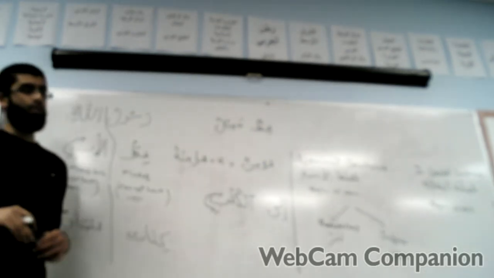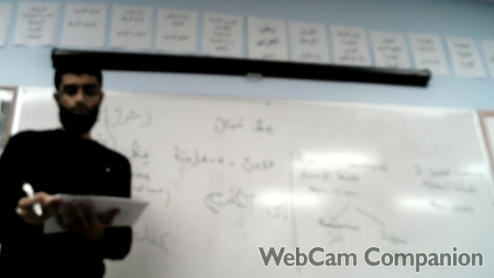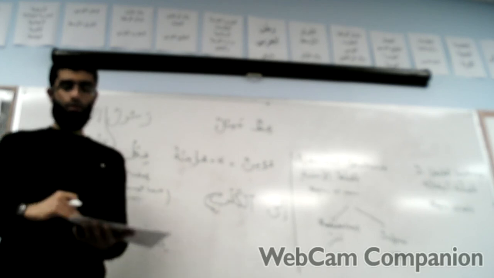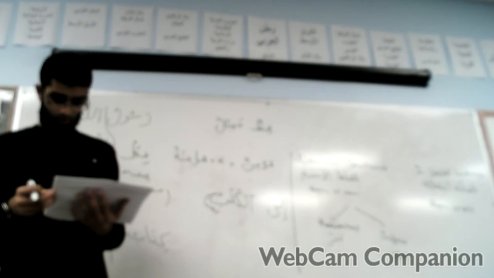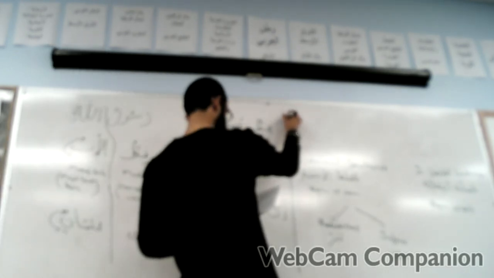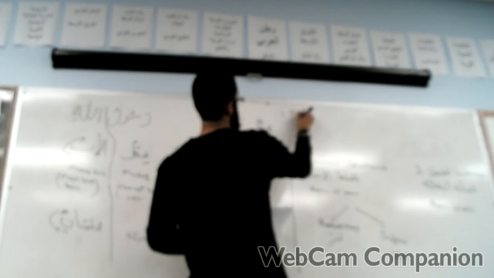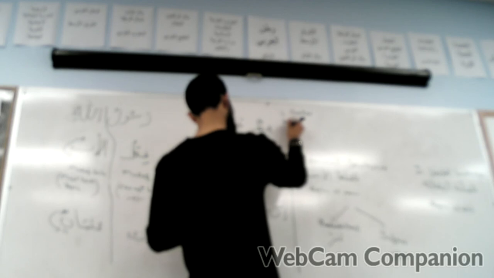So, I don't think we said this, but we'll say it now. The adjective has to agree with the noun that it's describing in 4 matters. Alright? So, it agrees in gender. It agrees in number.